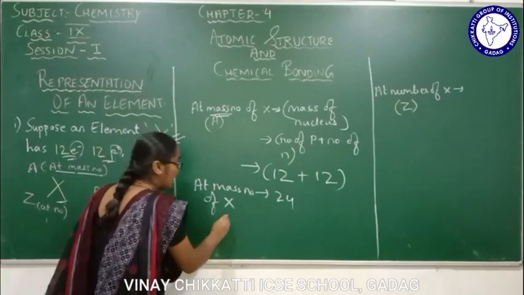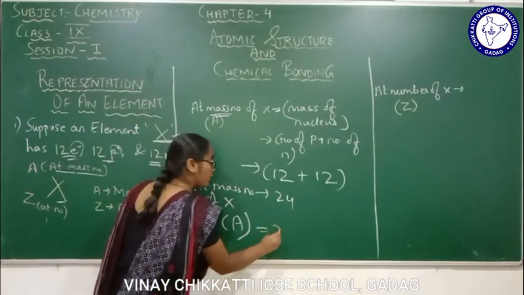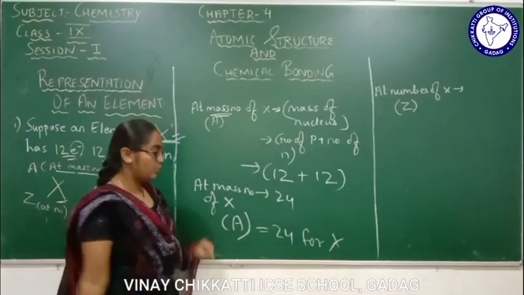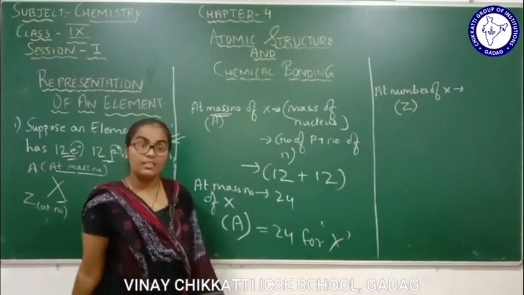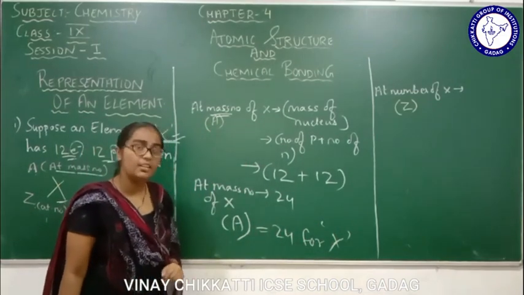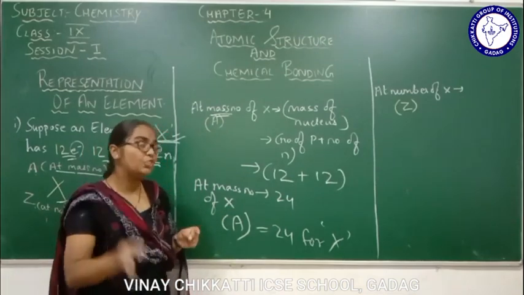That means A is 24 for X element, right? Now we have solved for the atomic mass of element X. So the mass of the atom is the number of protons plus the number of neutrons.